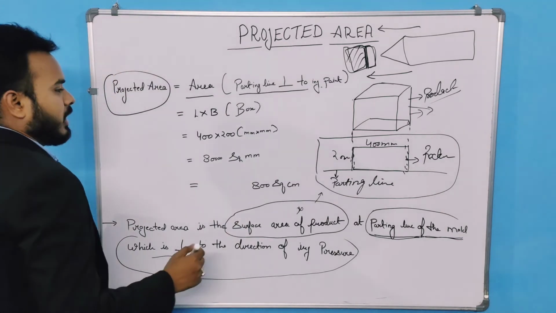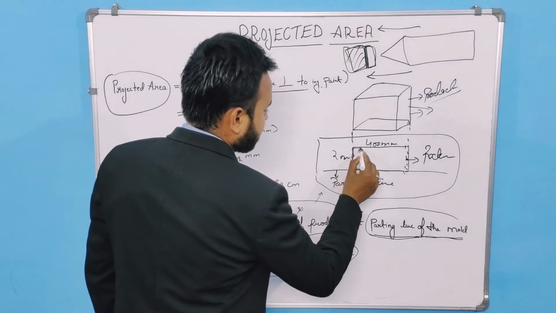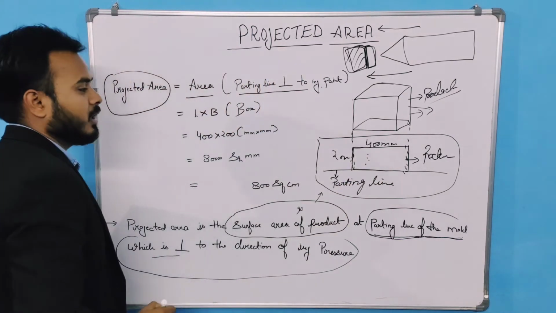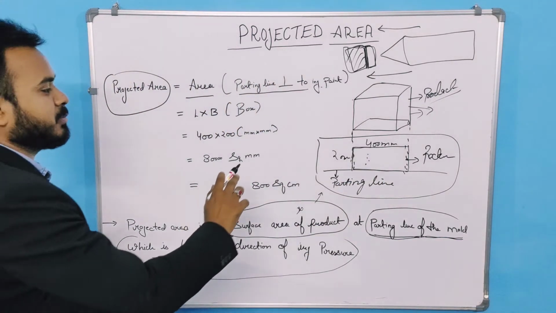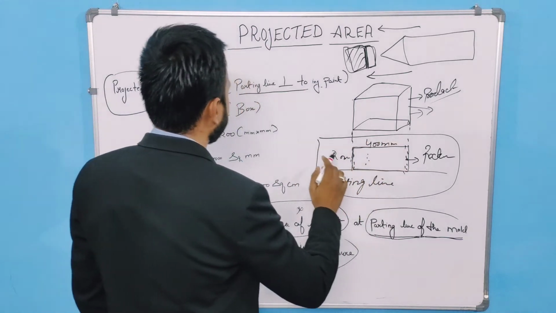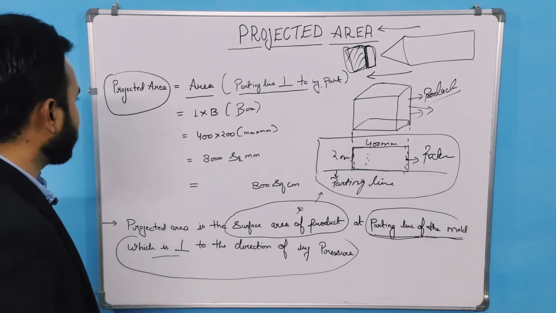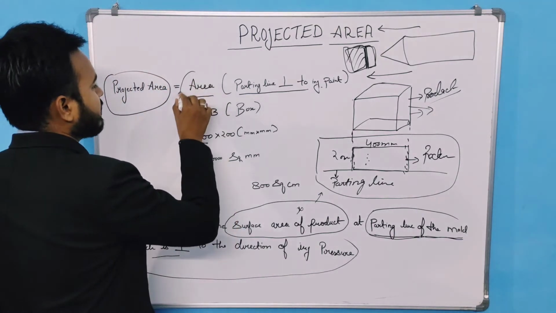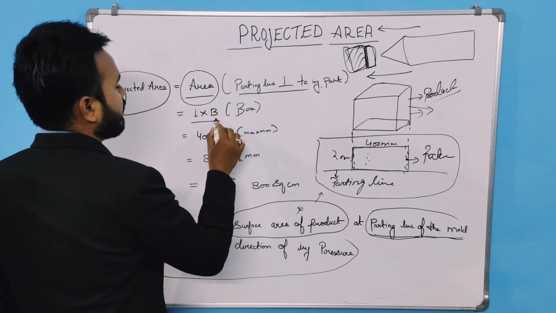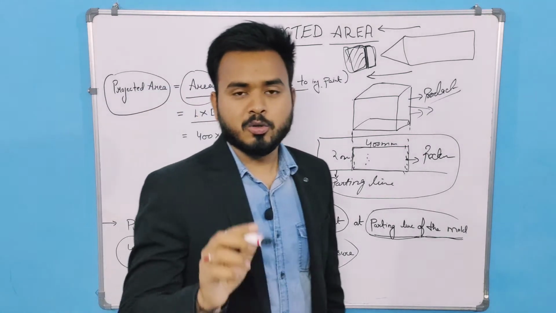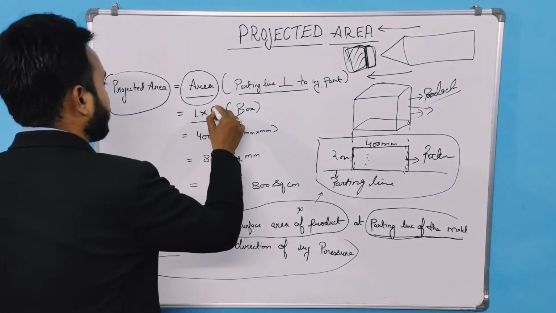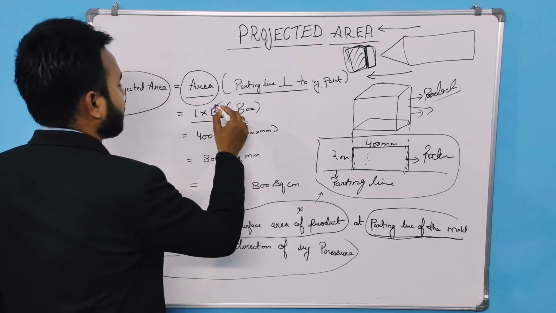As you have already seen in the projected figure, the area should be that of a rectangle, because it has been formed in the shape of a rectangle. So this area will be L into B, because the formula to find the area of a rectangle is length into width, length into breadth.